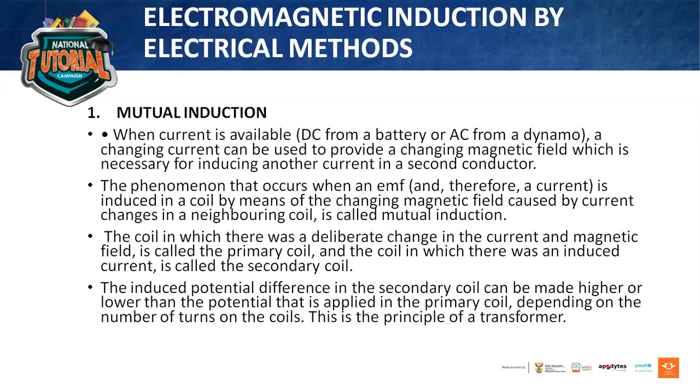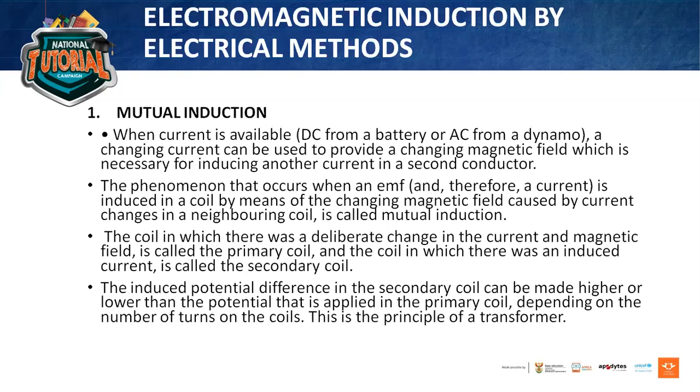So you can put two conductors, and by electromagnetic induction, a changing current provides a changing magnetic field, which induces a current in the second conductor. Okay, so that is electromagnetic induction.